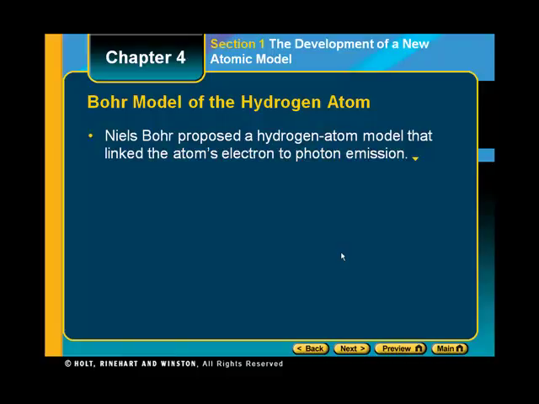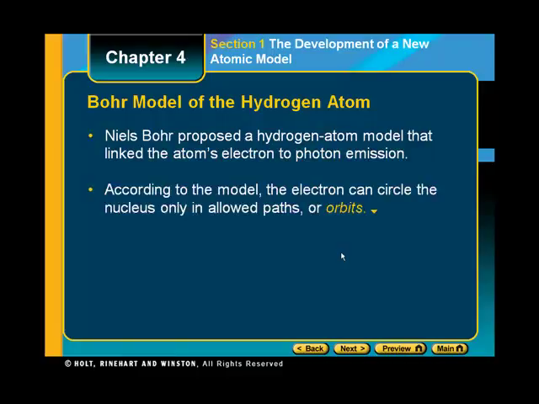And what he realized was that if you add energy to an electron, when that electron moves back to its original place, it'll give off energy in the form of light. So when an electron moves from its ground state up to its excited state by absorbing energy, when it falls back down again to its ground state, it will give off light. Okay? That was his theory.